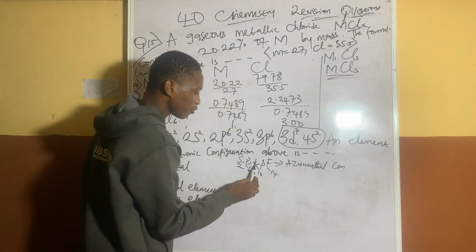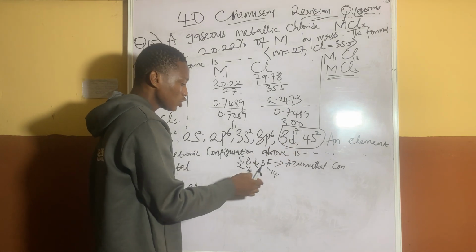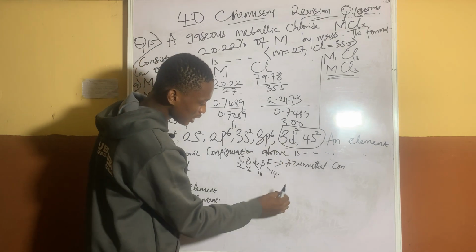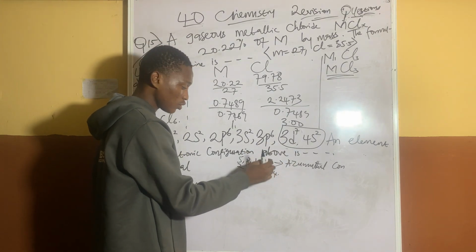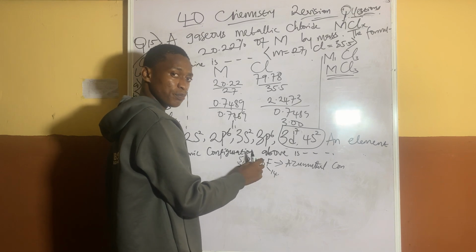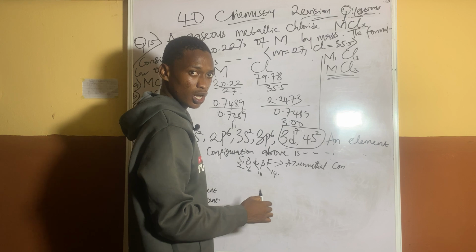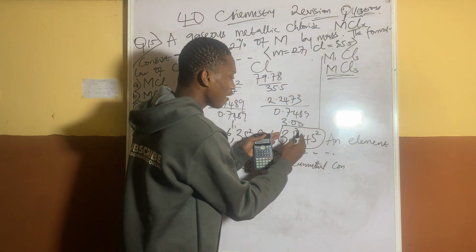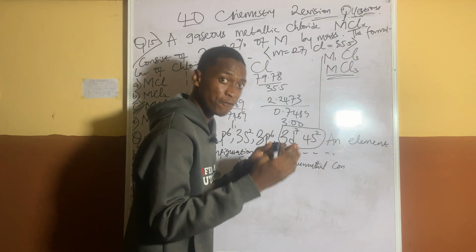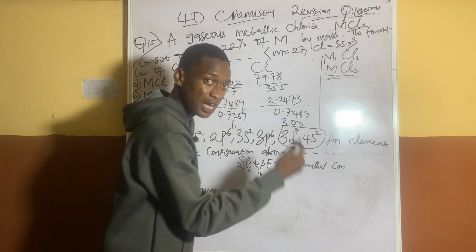Look at these two things here. I said that the maximum number of D is 10, but here we have 7. So for you to move on to the next shell, you must completely fill the previous one before you move on. But here we have 7 and then we move to 2. Are we there now? So elements that have their D orbitals not completely filled are called what? Transition elements.